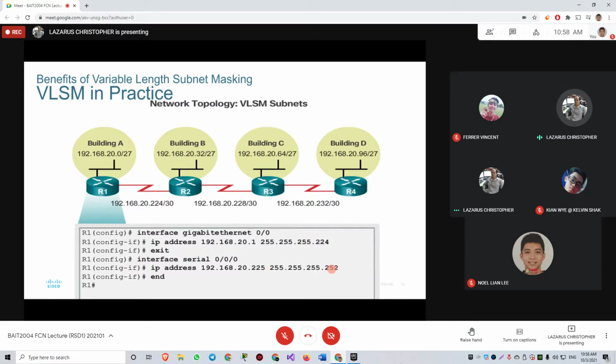So that subnet mask will work with the IP address. Okay. Now, if you make a mistake here, the subnet mask doesn't match with this IP address, your network will have problems, because of a conflict between the subnet mask and the IP address.